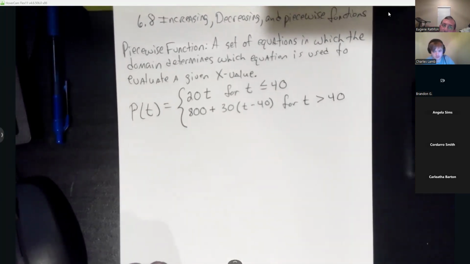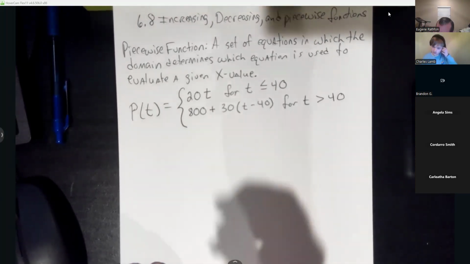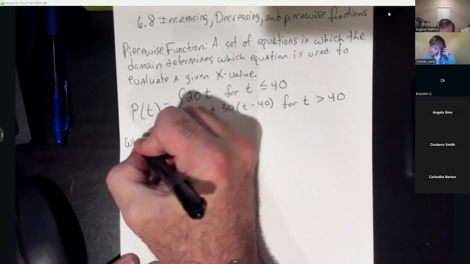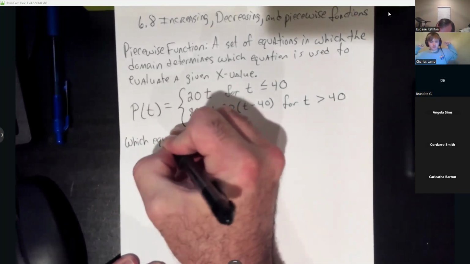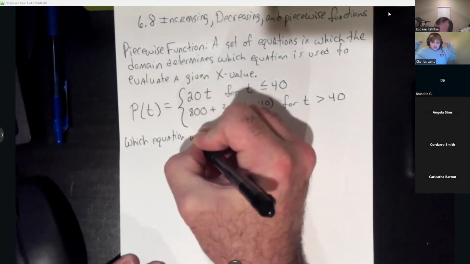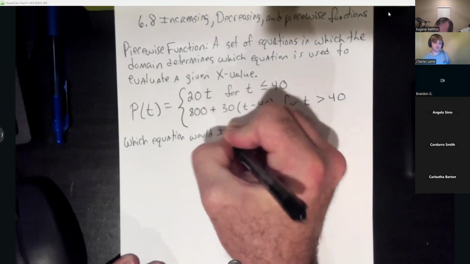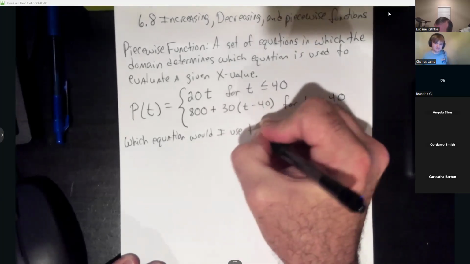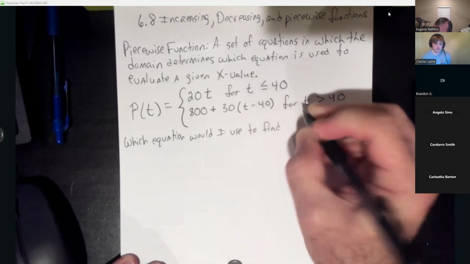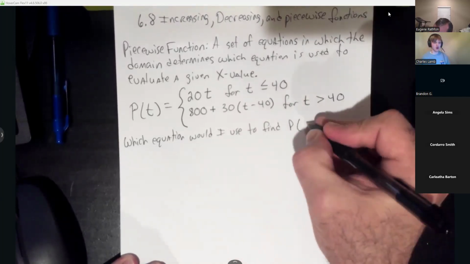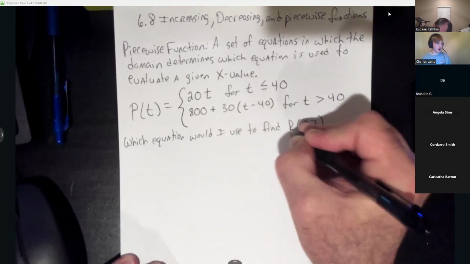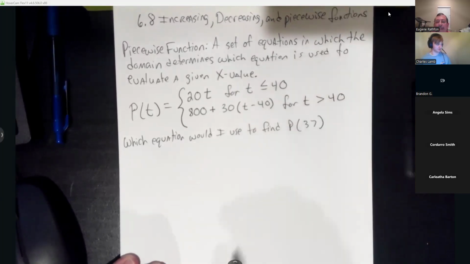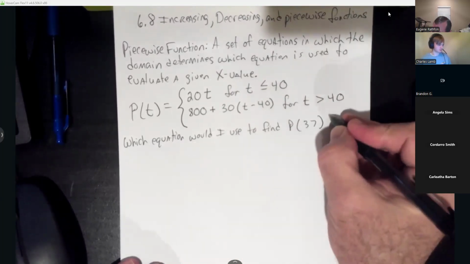So this will start out asking you questions like this. Which equation would I use to find P of 37? So I only got to work 37 hours.